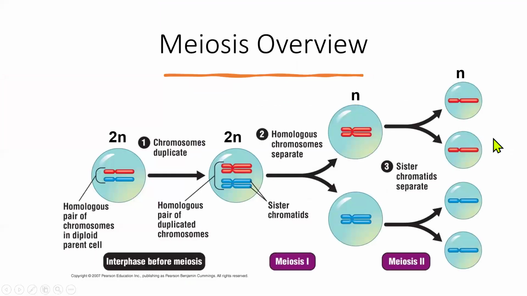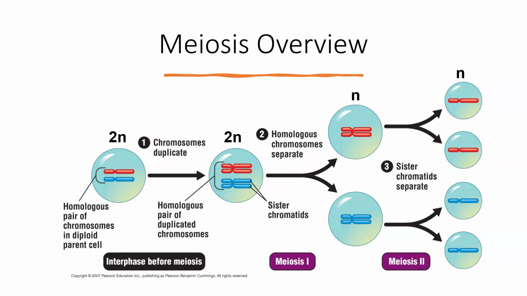All right, we're gonna talk about meiosis now. The first thing you have to know for meiosis is that we start with 2N. And what do we call this cell? Yes, it's diploid, but what kind of cell is it? Germ cell. Thank you very much. Germ cells are found in the gonads, testicles and ovaries. And the germ cell is going to undergo 2 rounds of division.